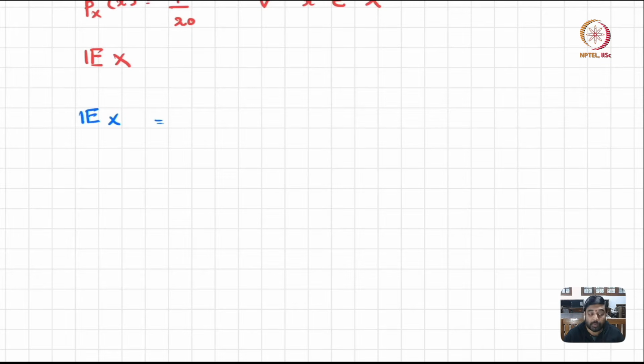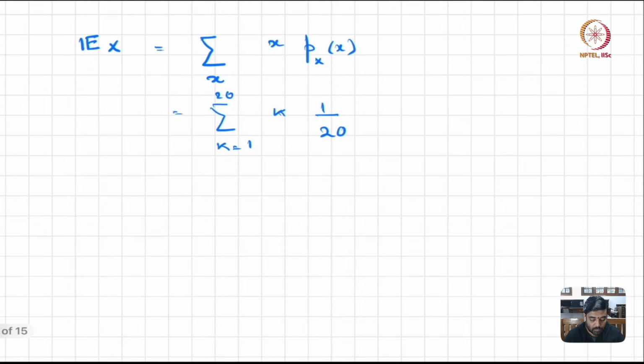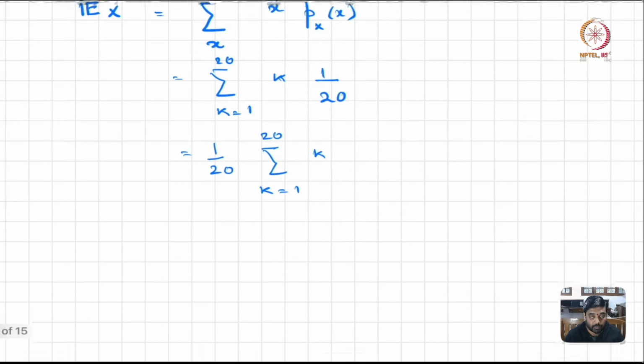Now the expectation of x, since x is a discrete random variable, over all x, it is x into px of x. The values it is taking are, let's say, k equals 1 to 20, so this is k into 1 over 20. Now this is 1 over 20 into the summation k equals 1 to 20 of k.